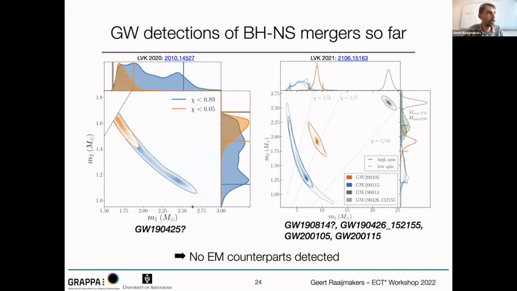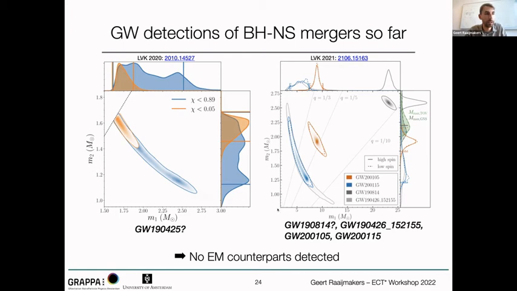And we've had a couple of them already. So on the left here, I'm showing the component masses of the binary of 190425, which usually is assumed to be a binary neutron star merger, but actually if you look at the posterior distribution for the high spin prior, you can actually see that the mass of the primary component is in the regime that sort of is either a very massive neutron star or a very low mass black hole.